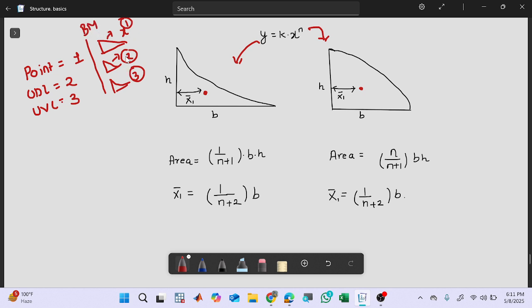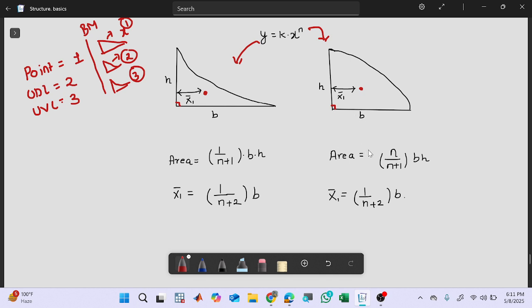So n equals 1, 2, 3; you can remember it like this, or in terms of loading, for a point load it is 1, for UDL it is 2, and for UVL it is 3.